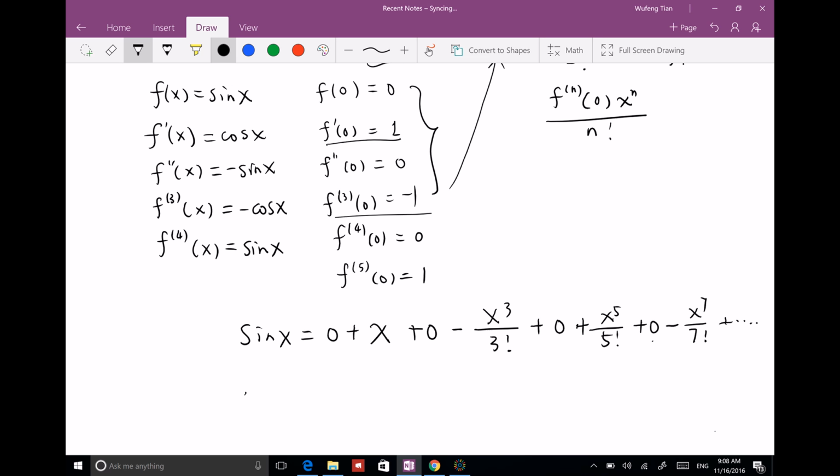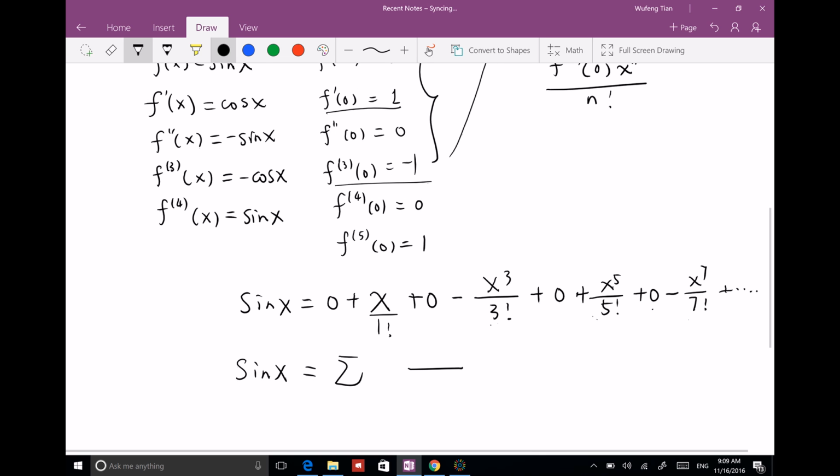So we can summarize it in a more generalized form. We only have odd numbers: 1 factorial, then 3, 5, 7. I would like to ask another student to tell me what I put here. Matthew, could you please tell me what do I put in the numerator? This is 1, 3, 5, 7.